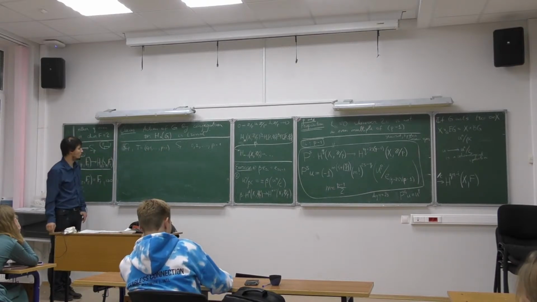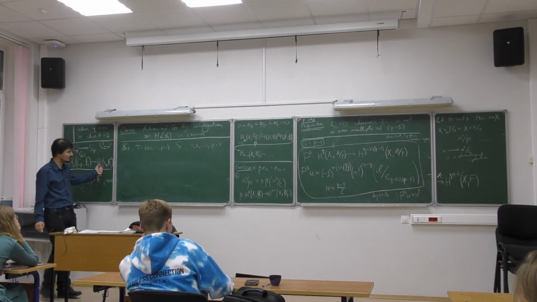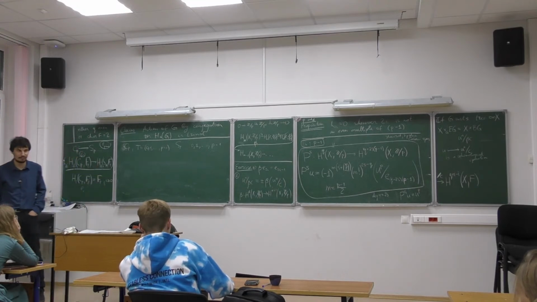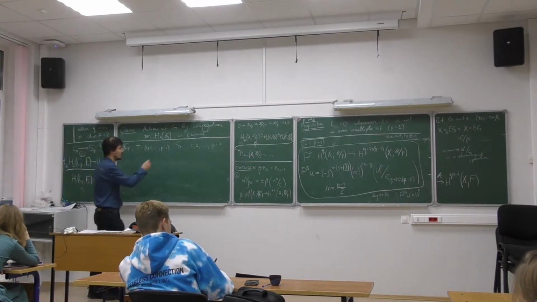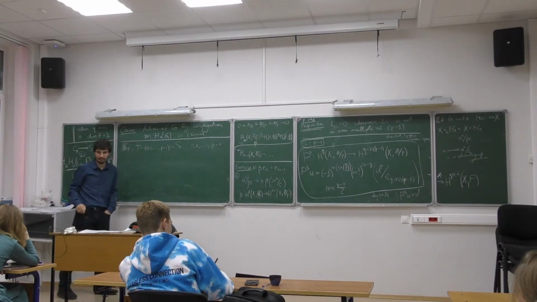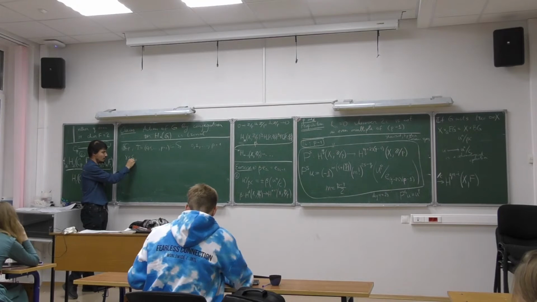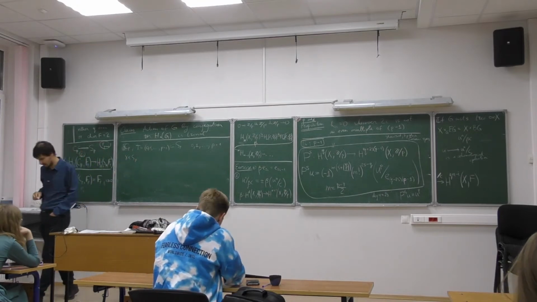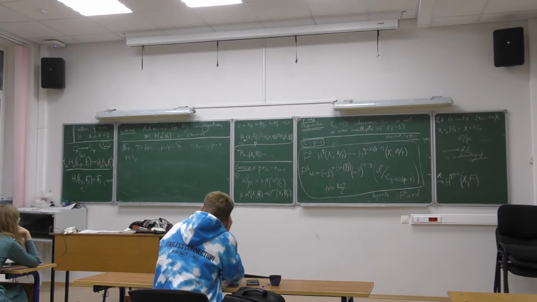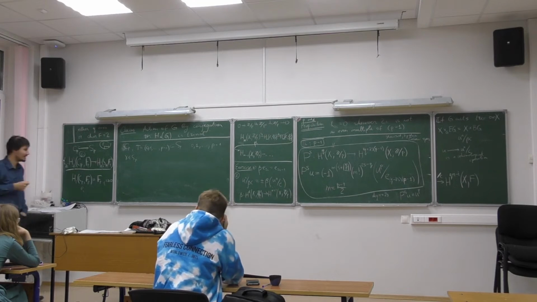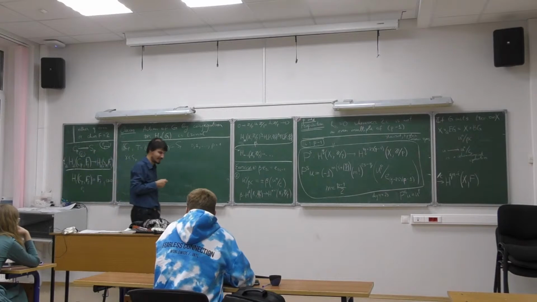Which elements lie in the normalizer of such a subgroup? I would like to introduce a permutation gamma, which normalizes this subgroup but doesn't lie in this subgroup. What can we invent here?